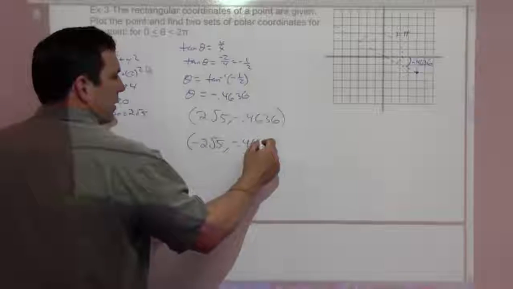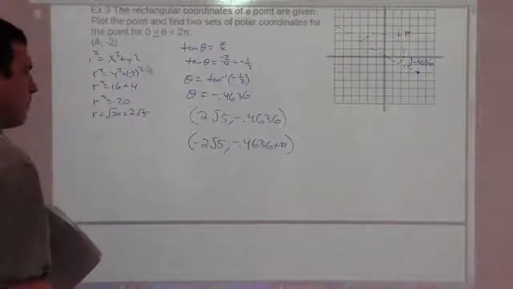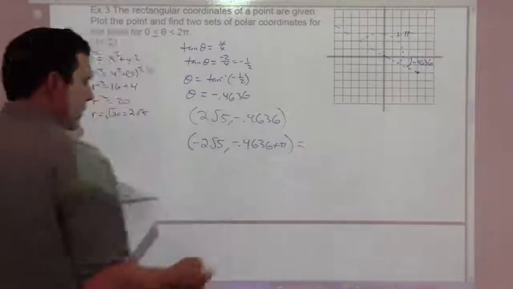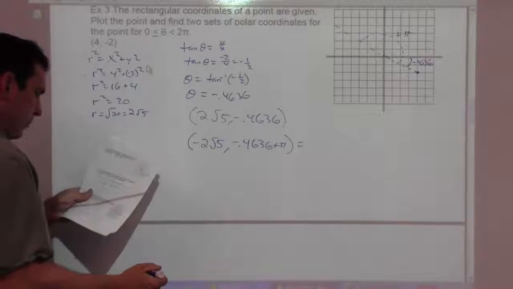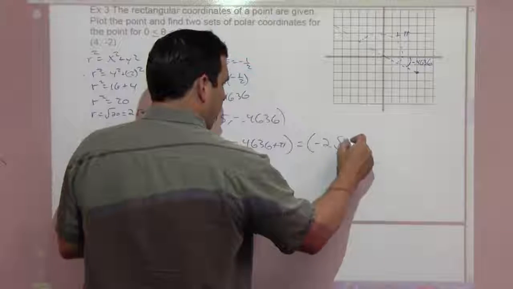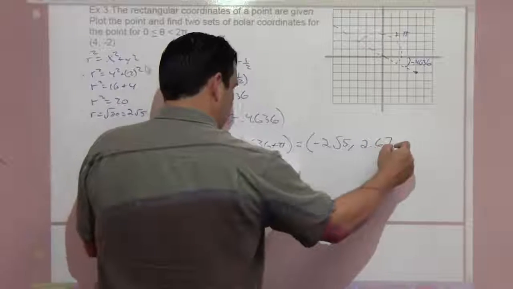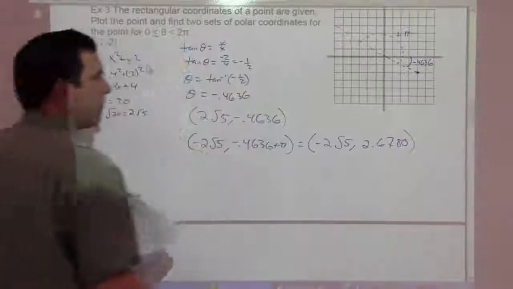Negative 0.4636 plus pi. That's going to give us negative 2 root 5 comma 2.6780. Just adding that together.